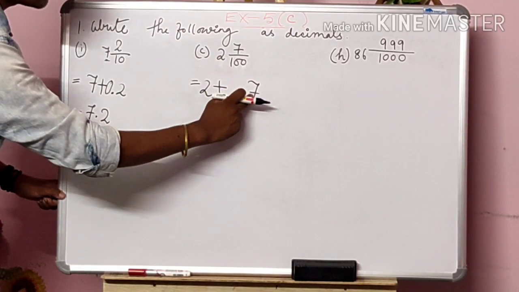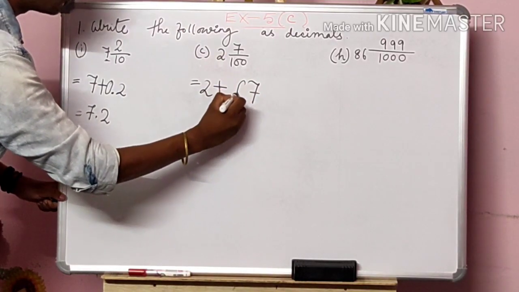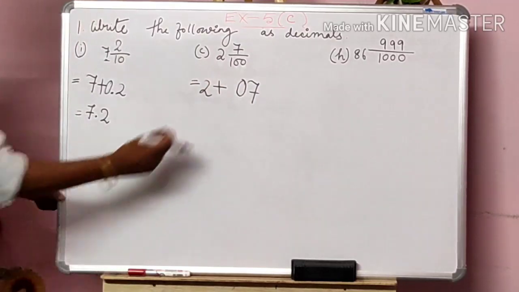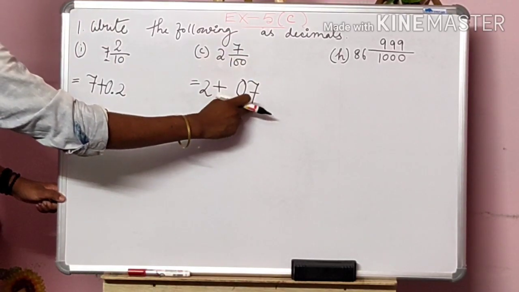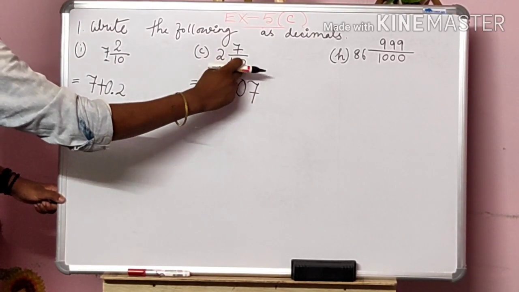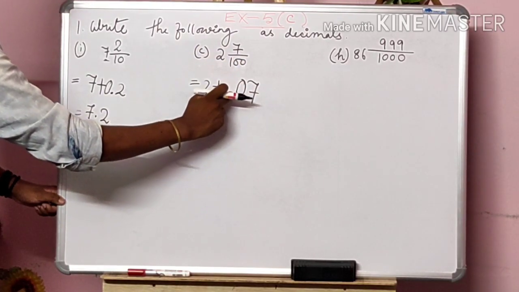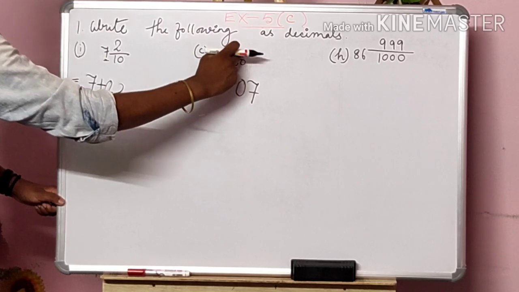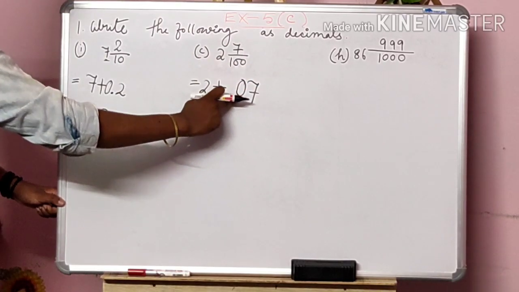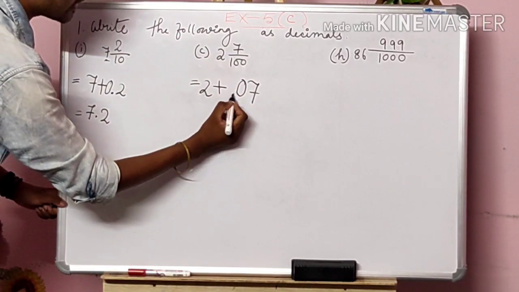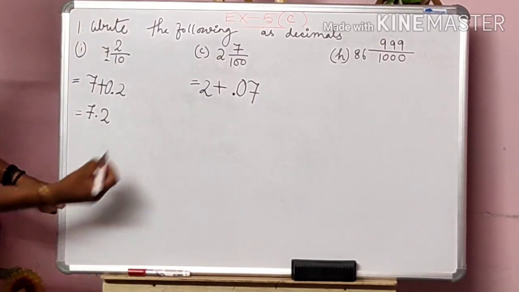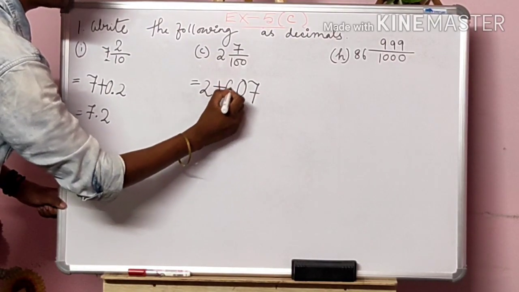So 7, one number is there, I will put a 0 to make it 2. Since 2 zeros were there in the denominator, and we have to put the decimal before 2 numbers, and only 7 was present, I have added a 0 extra here, so that now I can put this decimal before both.